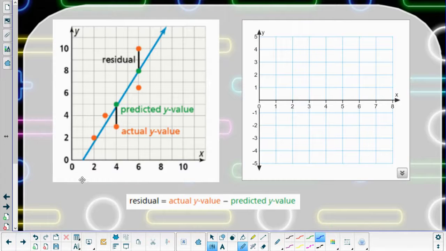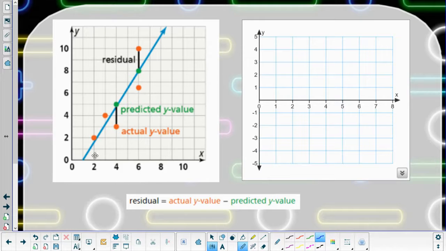So for example, this one we have our trend line, and you can see it's in blue. The red dots represent the actual y values. And the green ones, there are only 2 of them shown, but there are more along this line, are our predicted ones from our line of best fit. This is called a residual plot, and this is how we record what the residuals are.